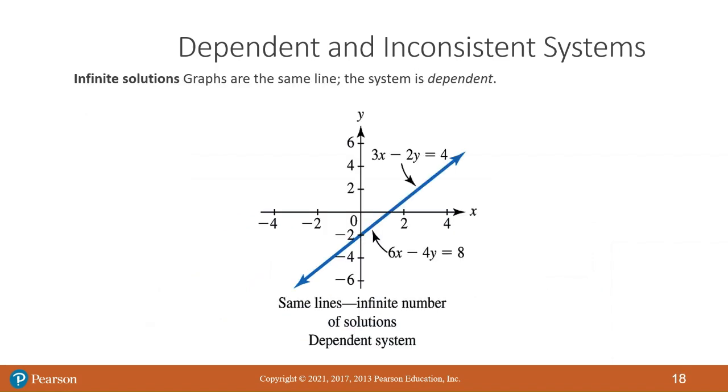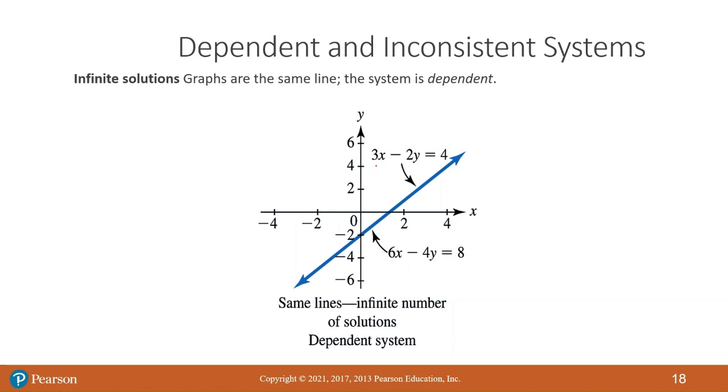You could also have infinite solutions, and that's where the graphs are the exact same line, and the system is called dependent. So the same lines give an infinite number of solutions in a dependent system. Typically when you have the same line, the entire equation is just a multiple of the other equation.